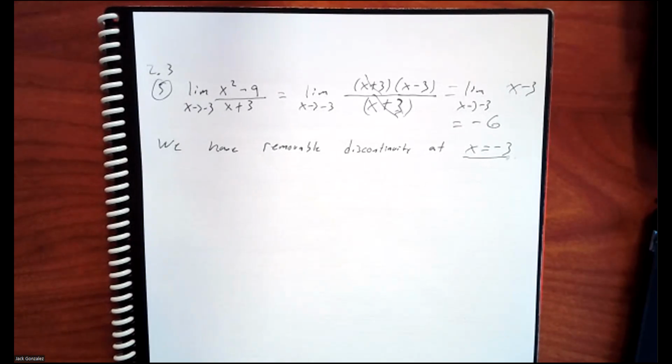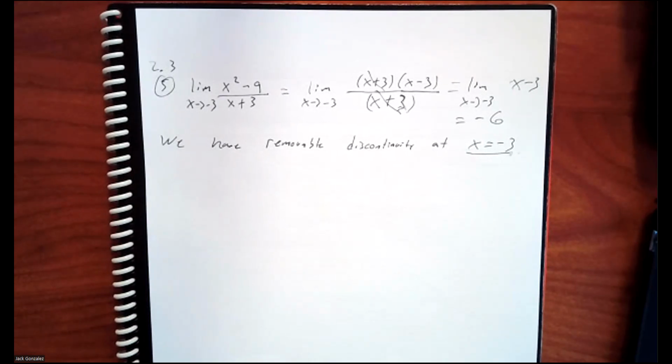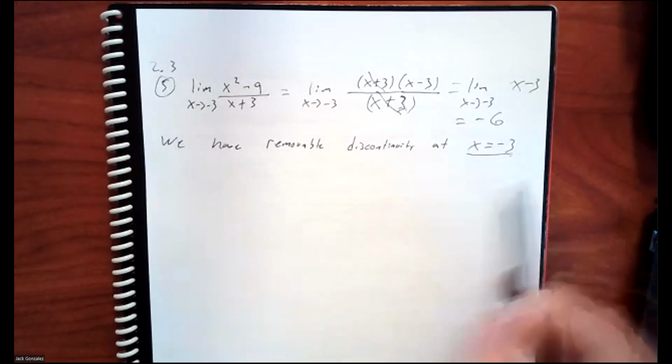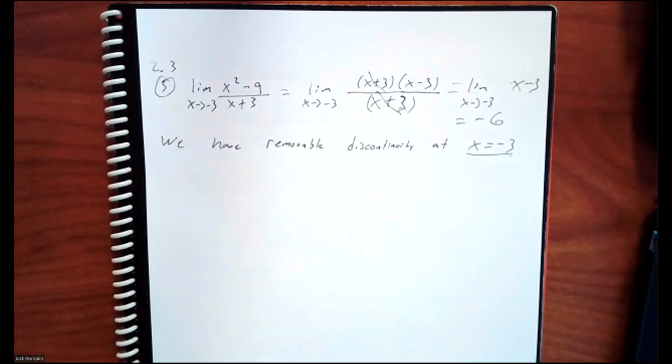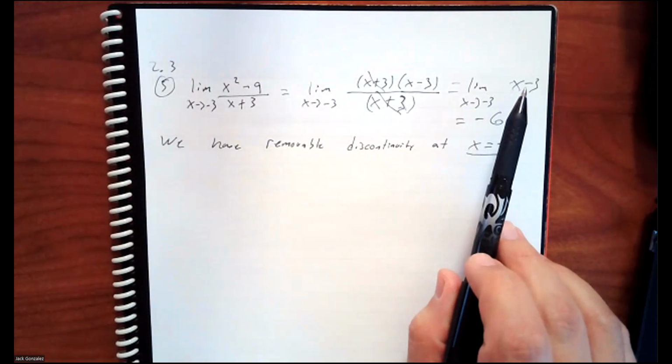Okay. But see here, the limit existed. We couldn't plug it in until it canceled. So now it's removable, which means we could plug it in here. But that one's different. How would you get 6 here? Once you remember, taking a limit means you just plug in the value, right?